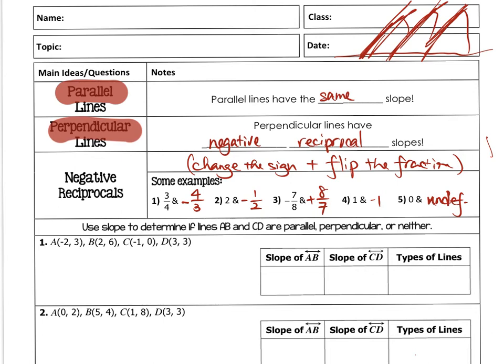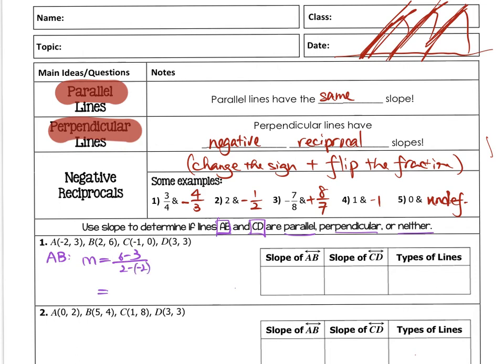We're asked to use slope to determine if line AB and line CD, these are two lines, are parallel, perpendicular, or neither. Unfortunately, this is quite a bit of tedious calculation. When you're given two coordinates, it's y2 minus y1 over x2 minus x1.